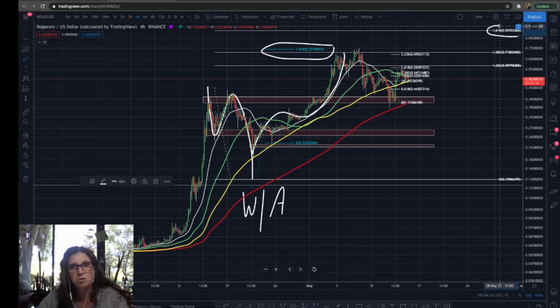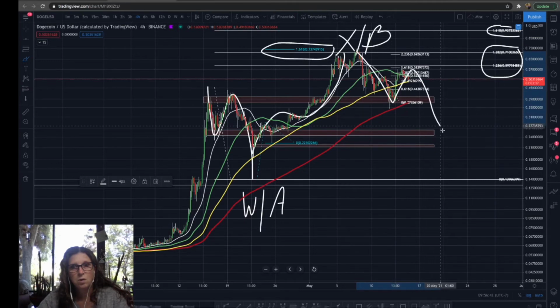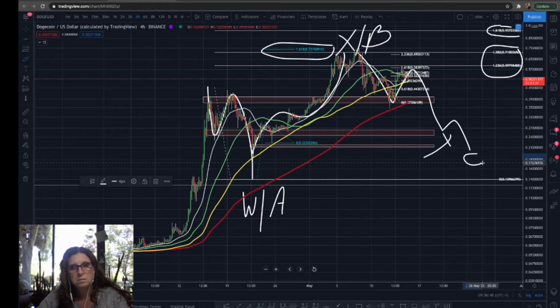And that's the most important one to rule out the expanded B pocket. So I see this as an X or B, and we're coming down for a Y or a C. Same thing.